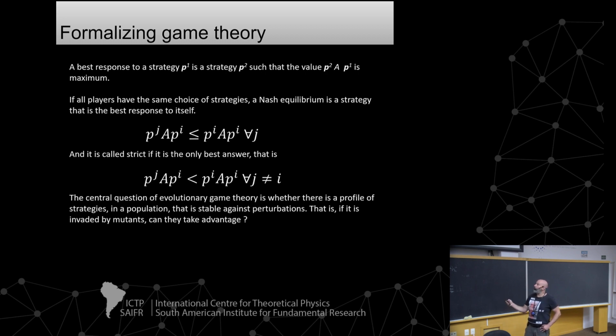Here you are assuming that you have a rational player, and the only thing that rules the behavior of the player is the payoff matrix. The player will always choose to get the highest payoff. This is the assumption of rationality.